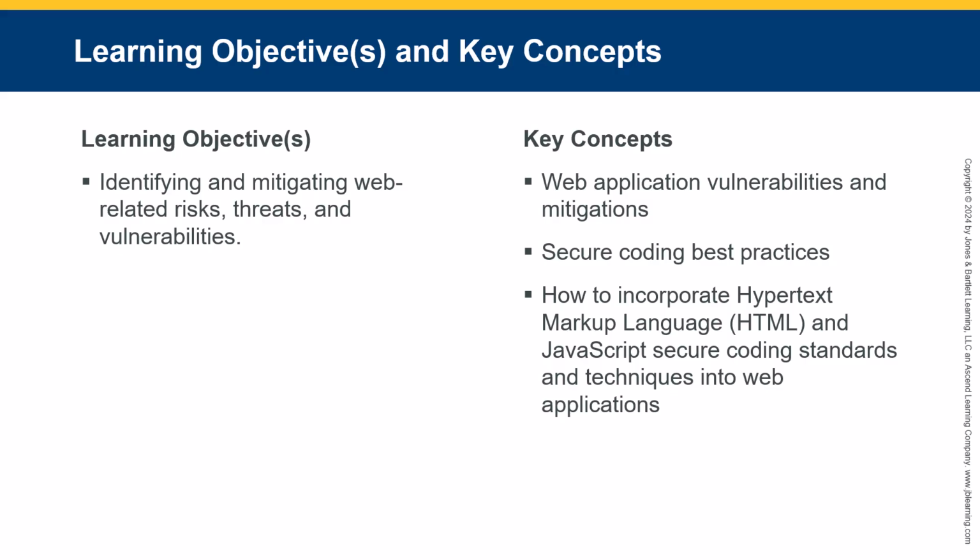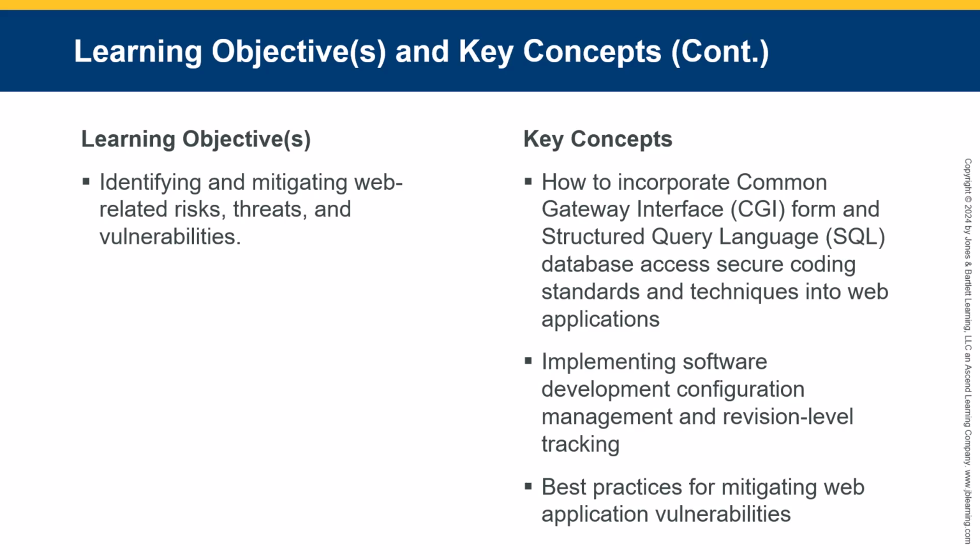We'll be looking at secure code best practices and how to incorporate HTML and JavaScript secure coding standards and techniques into our process. Alright, so as we move past that, we're also looking at how to incorporate CGIs from SQL database access for secure coding, separating the front end and the back end. That also looks at input verification, input sanitation.